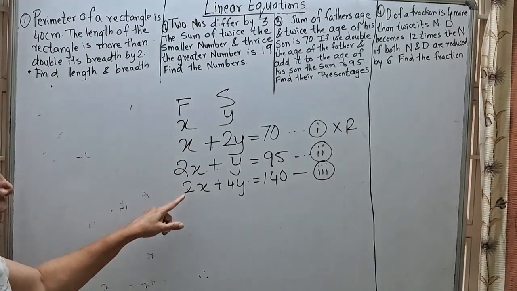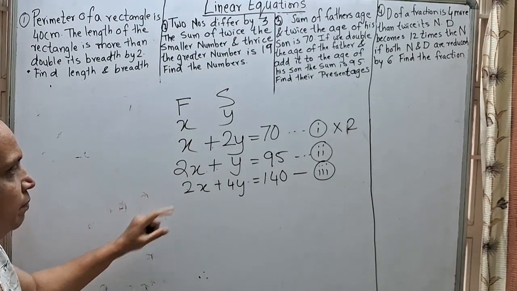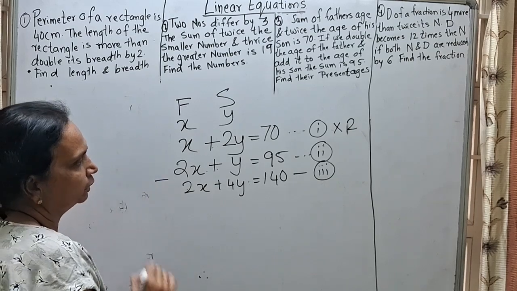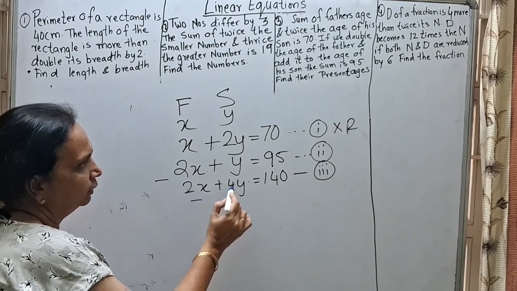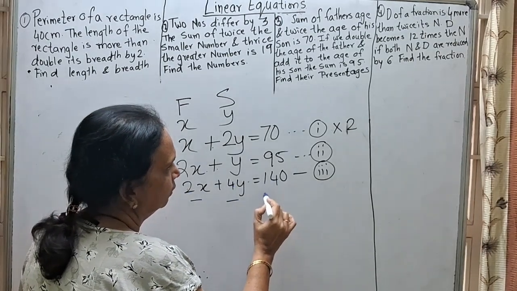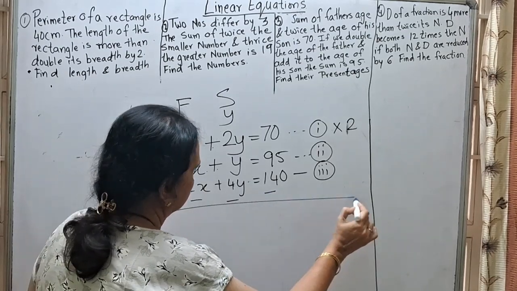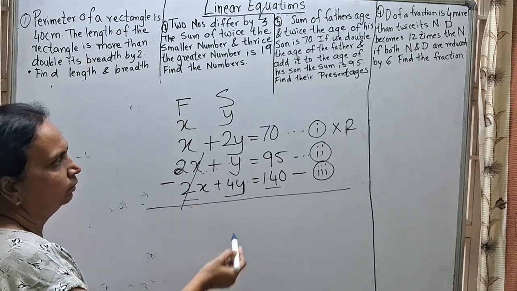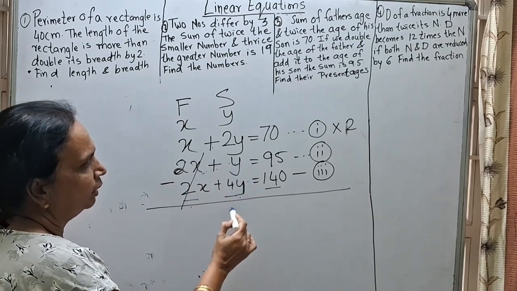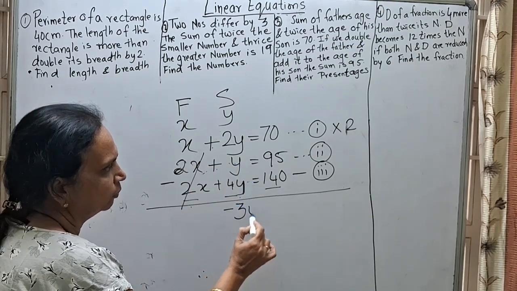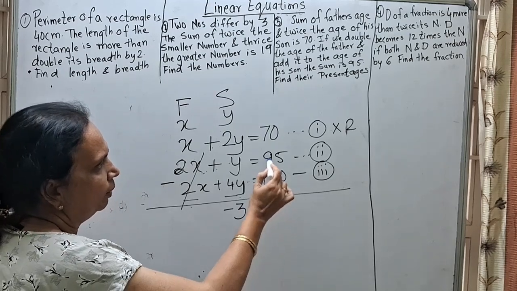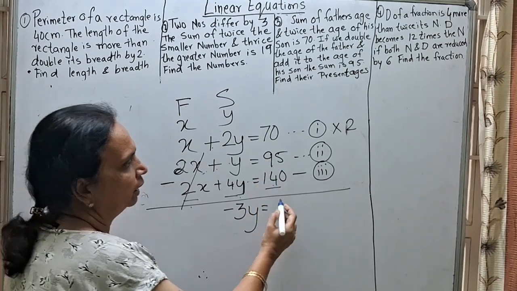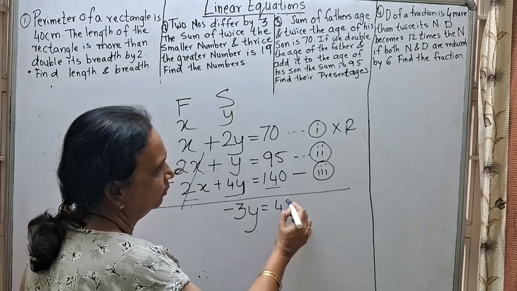So now coefficients are same, signs are same, so you are going to do subtraction. Plus will become minus, plus will become minus, plus will become minus. So 2x minus 2x will get cancelled. 4y minus y, that is 3y, and 140 minus 95 is 45.